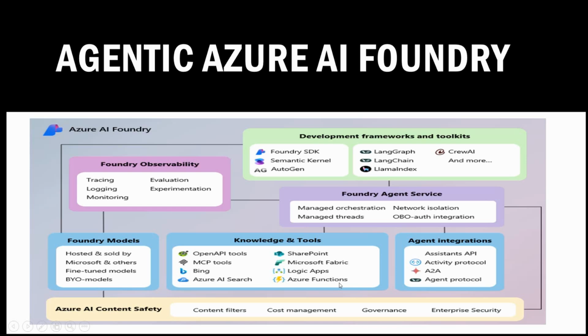And then you can have identity enabled for your own agent, which ensures security and scalability, and makes your agent more productive for production.